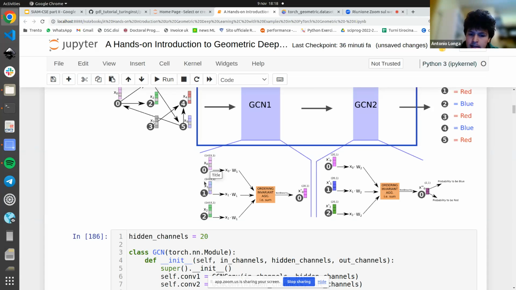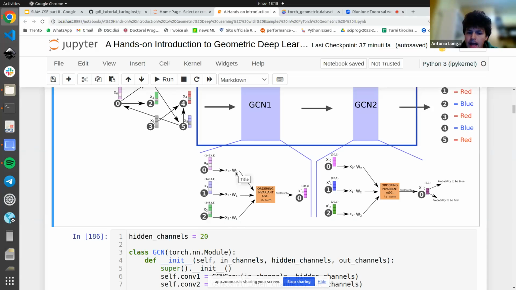We have a similar vector of the same size for node 1 and for node 2. Those are multiplied by a weight matrix, and this matrix is shared among all the nodes in this convolution. And after this operation, we have an order-invariant aggregation.